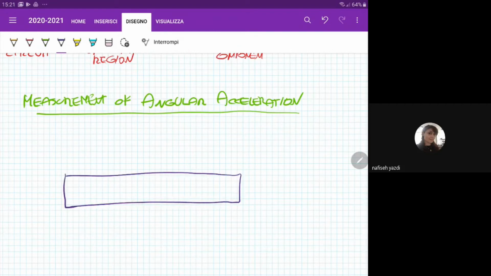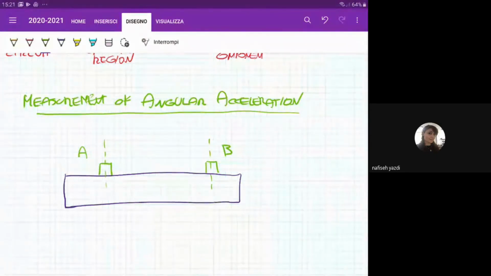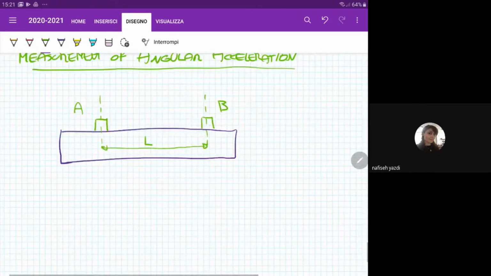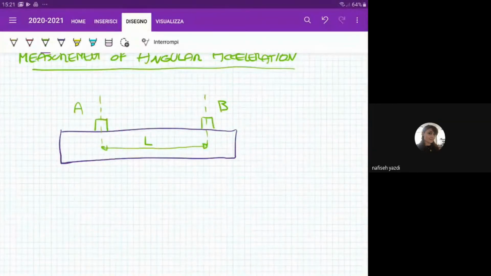And let's assume to have one accelerometer that is placed in a position, let's call it A, and the other accelerometer in a position that could be referred to B. Okay, these two positions are put one apart from the other by a distance L. Okay, now we are going to have this system, the hosted system that is moving, having a translational and a rotational acceleration, generally speaking.